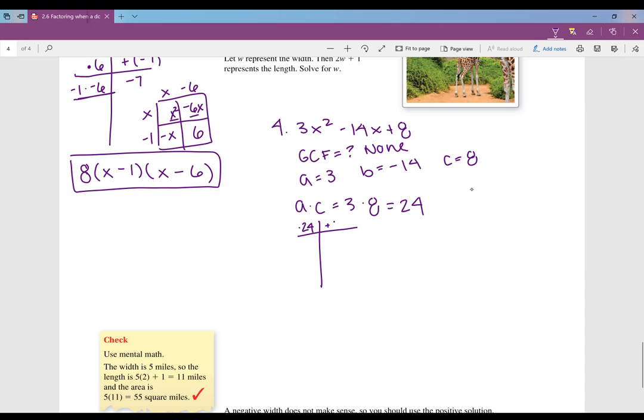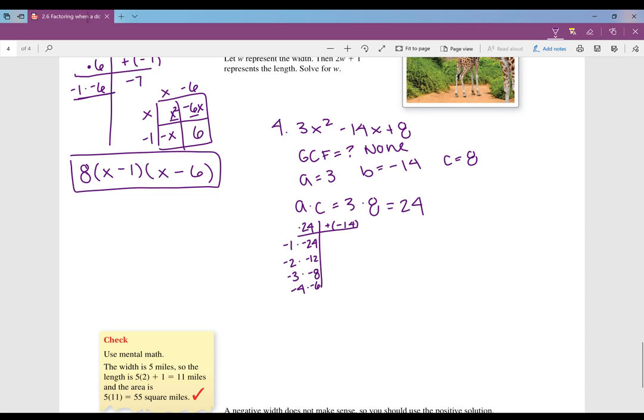If they're going to add up to a negative number but multiply to a positive number, that means both of our terms need to be negative. So if we think of some factors of 24, we could have negative 1 times negative 24, negative 2 times negative 12, negative 3 times negative 8, negative 4 times negative 6.